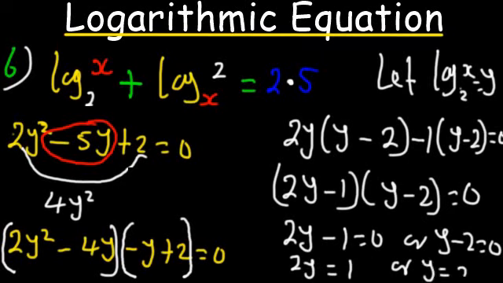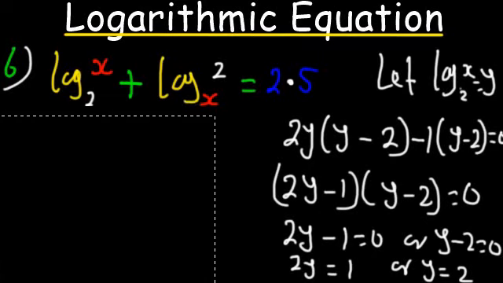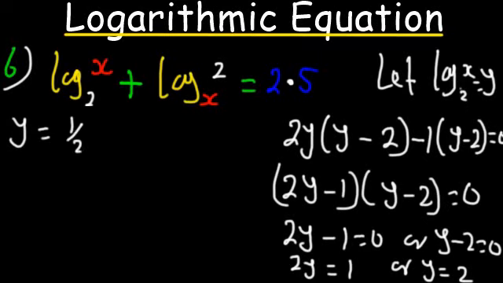So y will be equal to 2, since when 2 comes to the other side it becomes a positive 2. Now the next thing we want to do is to solve for y for this part. To do that we can just divide both sides by 2, so as to get the value of y. I believe you're following. Good. So therefore y can be equal to 1 over 2 or 2.